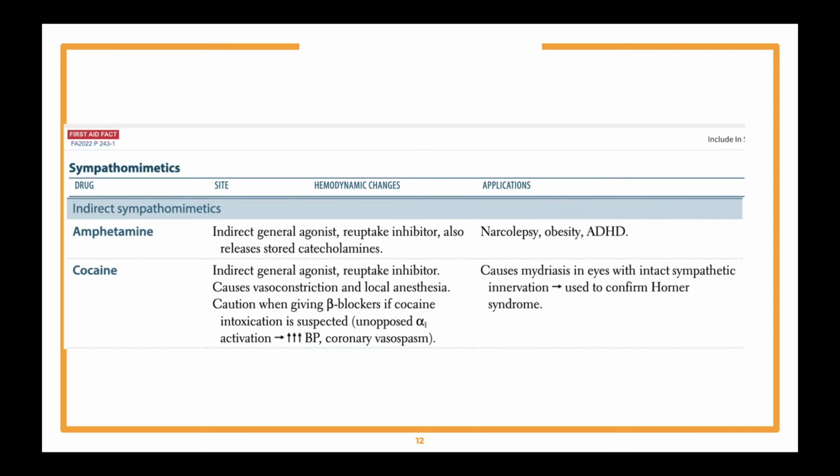So if you give a beta blocker and you block the beta receptors, the only receptors that are open to be agonized are your alpha receptors, specifically your alpha 1. And as we know, that can lead to more vasoconstriction and thus increased blood pressure, okay? So giving a beta blocker in these patients can lead to increased blood pressure. So that's why answer choice E was the best answer here.